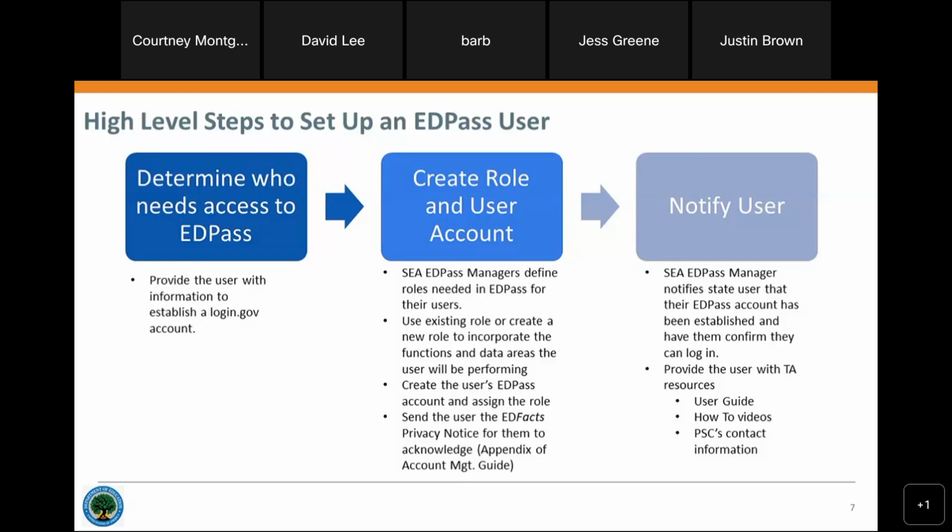Next, you will create the user's role in EDPass, which is defined by the functionalities they need to fulfill their role with the data. Create their user account and make the user aware of the EDFACS privacy policy, which can be copied from the account management guide. The user must acknowledge this policy before they're given access to EDPass.